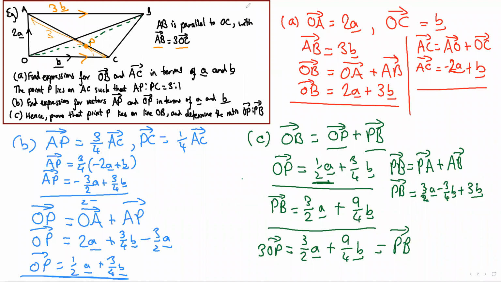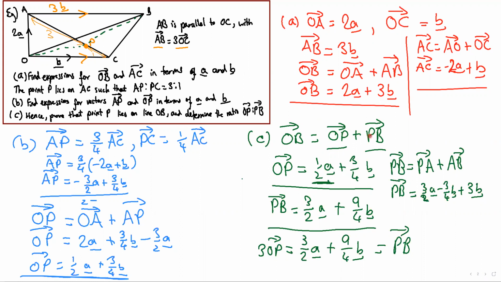Another set of points you could have done is OB and OP, and that would have been easier because you know OB and you know OP. So what you could do is you get the same answer, and they share the point O. And similarly, you could do OB and PB.